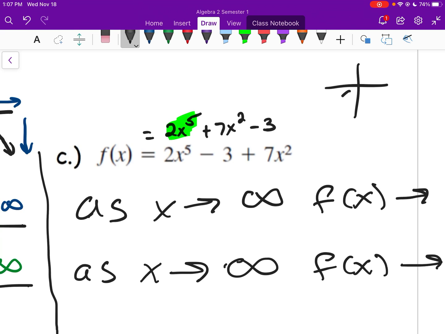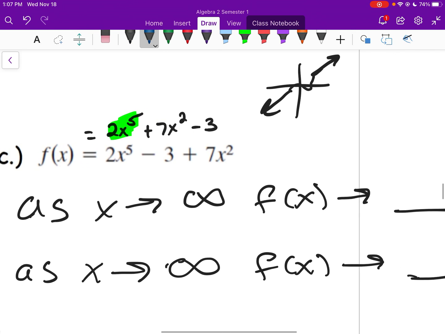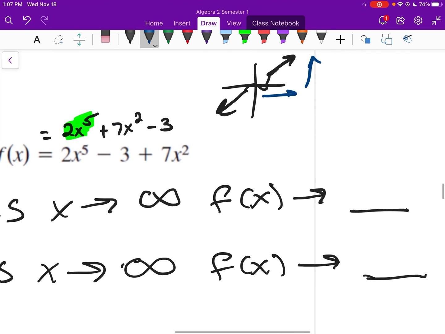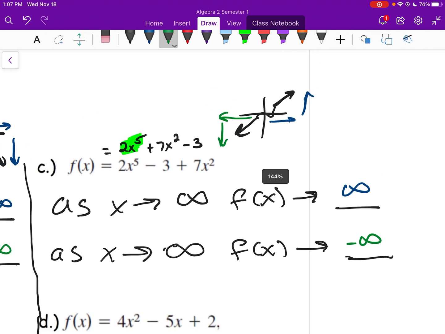So the big thing is that the end behavior will go like that. And since it's a fifth degree, it's going to have some type of turning points in there, but I'm not worried about that right now. All I'm looking at is the end behavior. So in this case, as x approaches positive infinity, f of x is approaching positive infinity. And as x approaches negative infinity, f of x is approaching negative infinity.